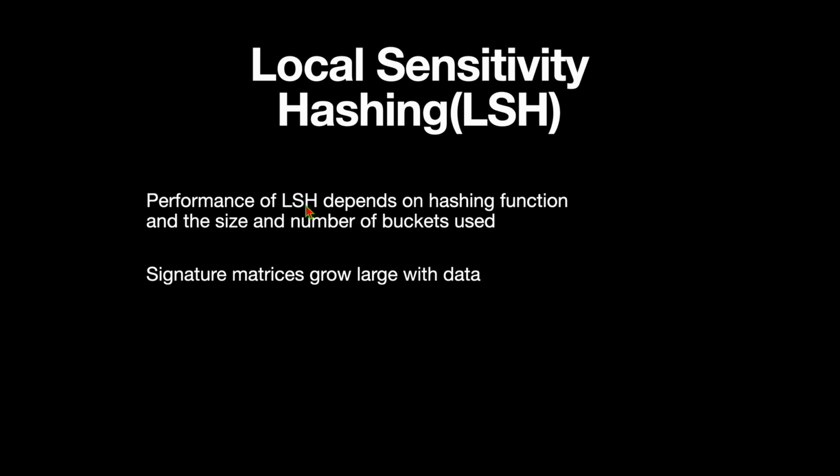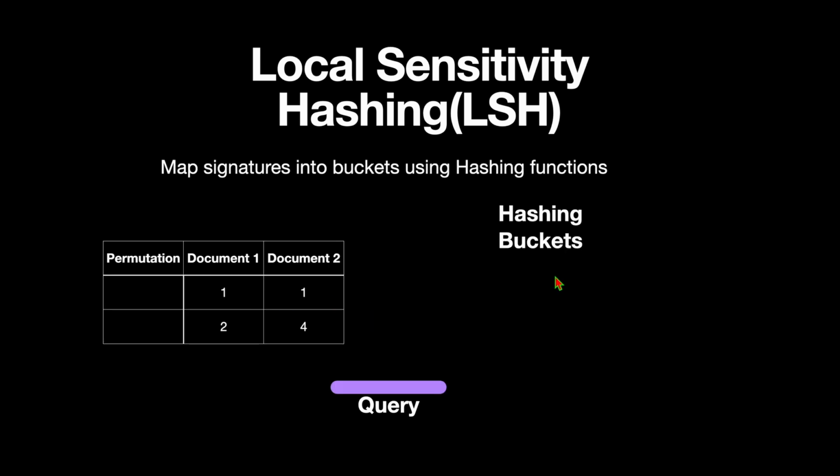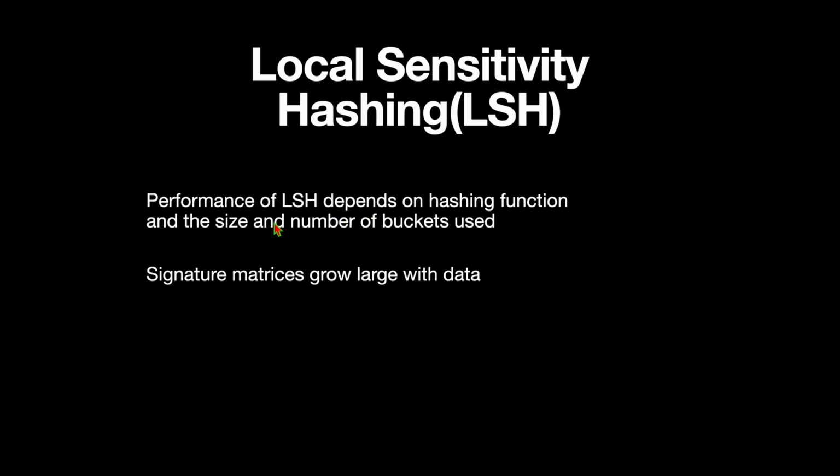The performance of locality sensitive hashing depends on the hashing function. Obviously, we are using a hashing function in order to map the inputs into these different buckets, so the performance is going to be dependent on this hashing function. The performance is also going to depend on the size and number of the buckets used. Obviously, these are the parameters. If you choose too few buckets, then too many vectors are going to be cramped into a bucket.